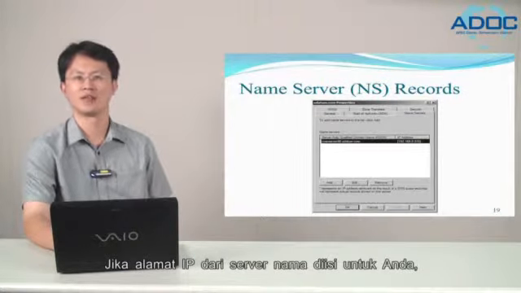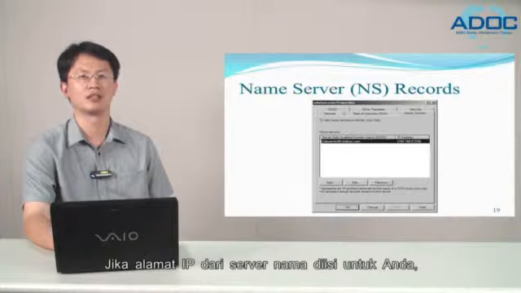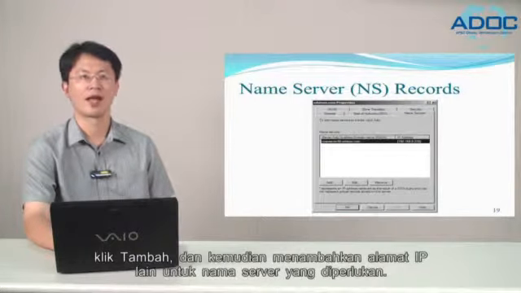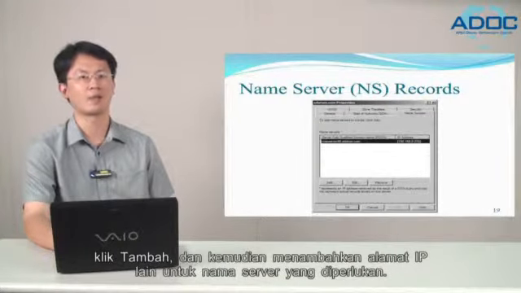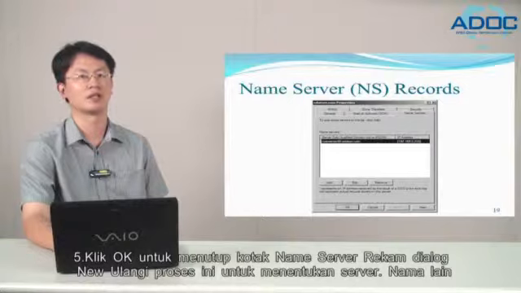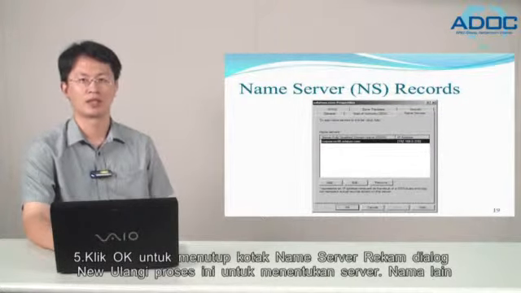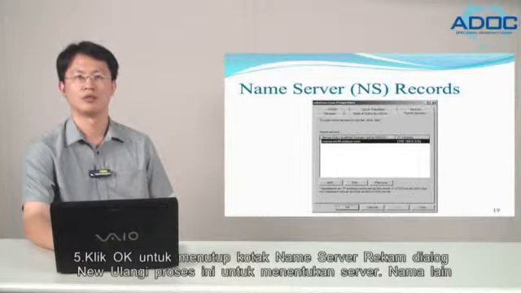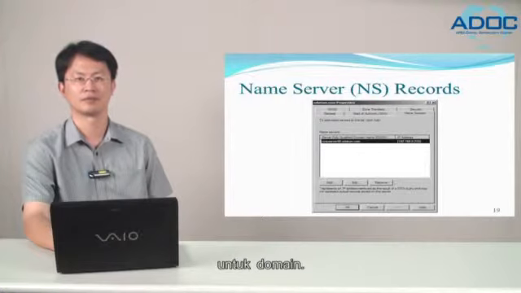If the IP address of the name server is filled in for you, click Add, and then add other IP addresses for this name server as necessary. Fifth, click OK to close the New Name Server Record dialog box. Repeat this process to specify other name servers for the domain.